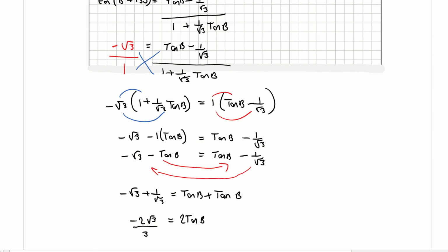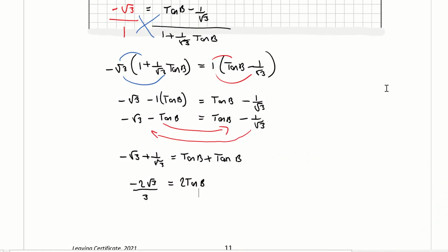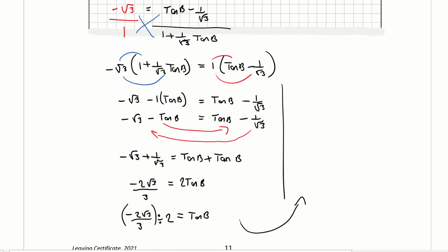I'm then going to divide both sides by 2, which is giving me minus 2 root 3 over 3. I'll write it like this, divided by 2, instead of going a double fraction, is equal to tan b. And when I divide that by 2, I get, still stuck for space, let's come up here, I get minus root 3 over 3 is equal to tan b.